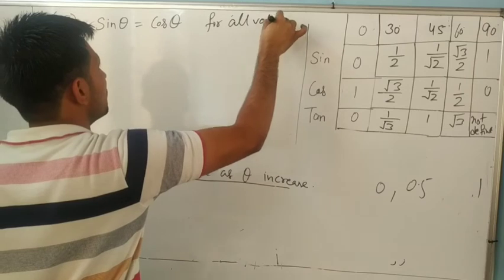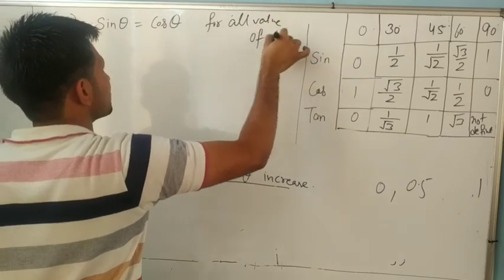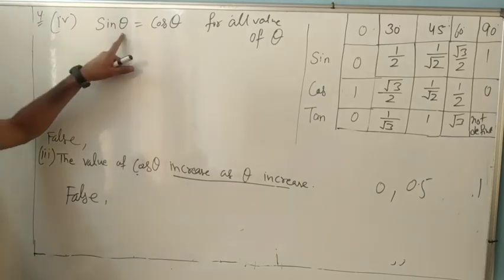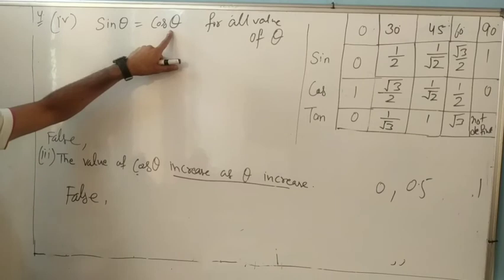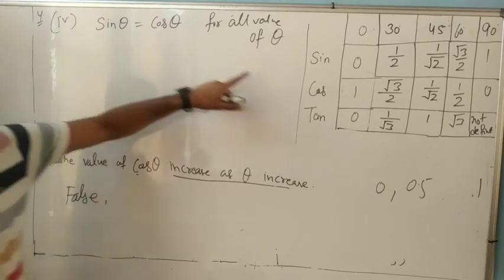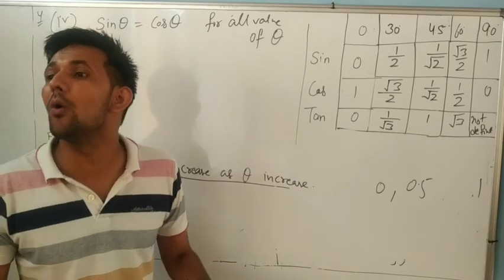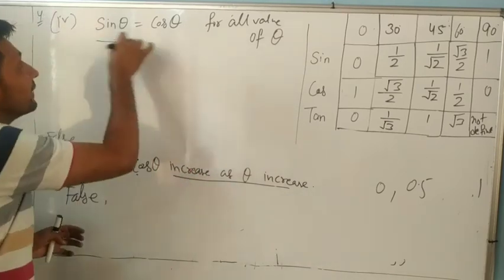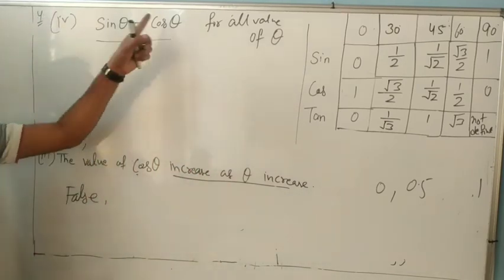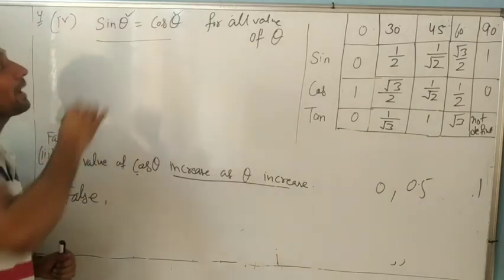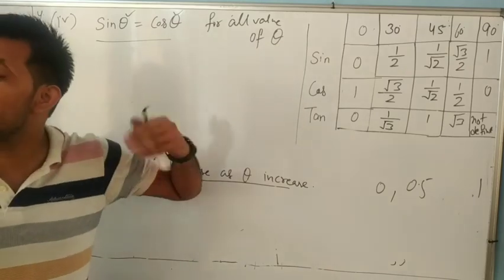They are equal for all values of theta. What does that mean? Theta means any angle here. Sine 30 equals cos 30? Sine 30 is 1 upon 2. No, it is asking whether sine theta and cos theta are always equal. Theta means the same angle on both sides, for any angle.